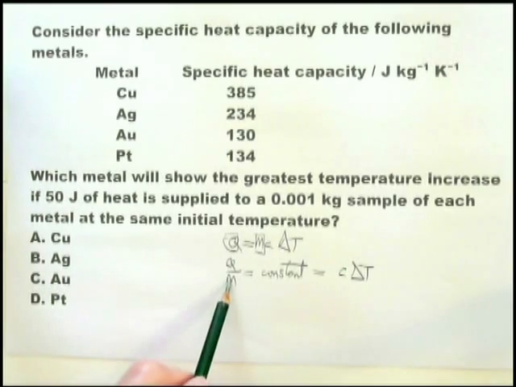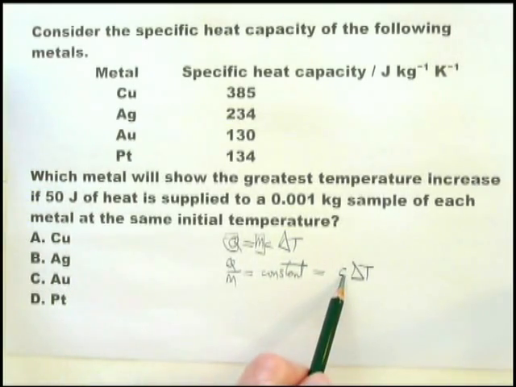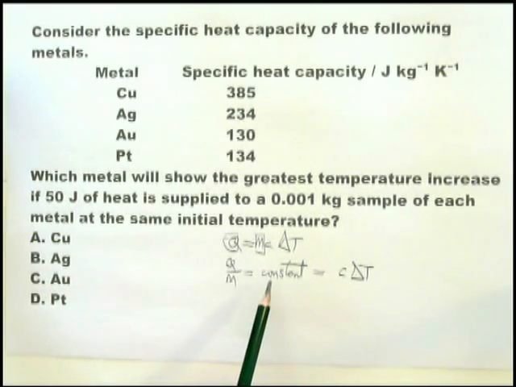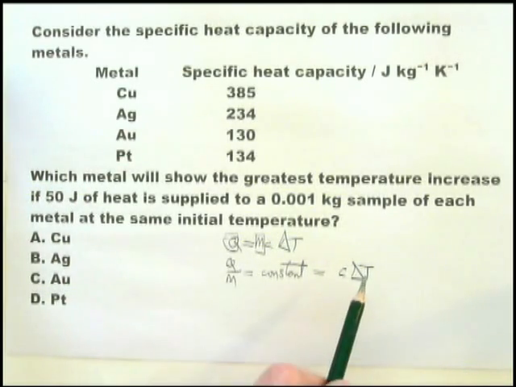Therefore, Q divided by M is a constant, therefore C multiplied by delta T is in itself a constant, that product is constant. Now, this is more of a mathematics problem than a chemistry problem, because from there you can simply see, well, what is the value of C when the temperature increases?